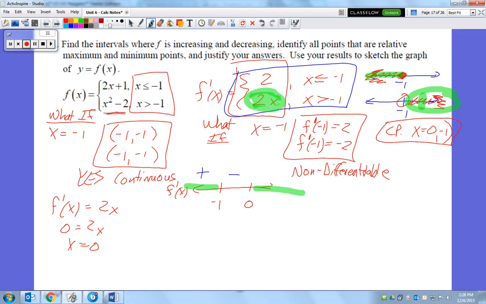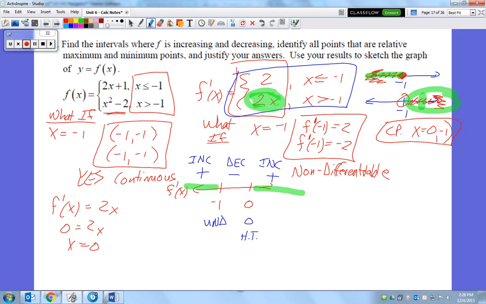We put that here. 2 times 1 is a positive. Good. So we have increasing, decreasing, and increasing. At negative 1, what did we say it was? Undefined. And at 0, we said 0. Horizontal tangent.